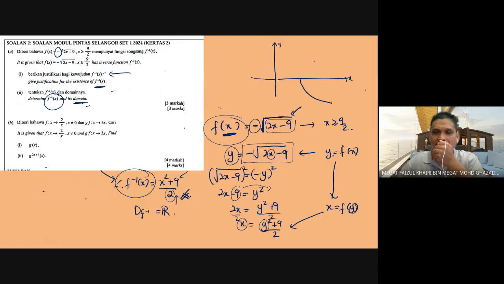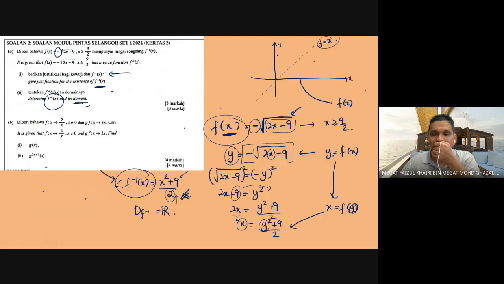So if I want to sketch the graph of f inverse, I have to sketch the line y equals x. This line y equals x, and this is the function f(x). So f inverse is like a reflective mirror: if I reflect this across the line y equals x, I sketch it on the other side.